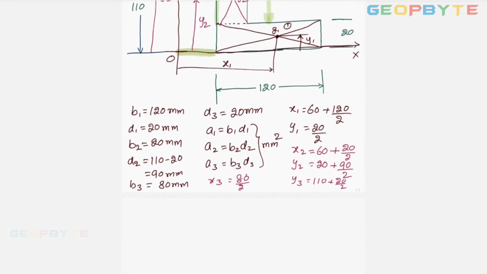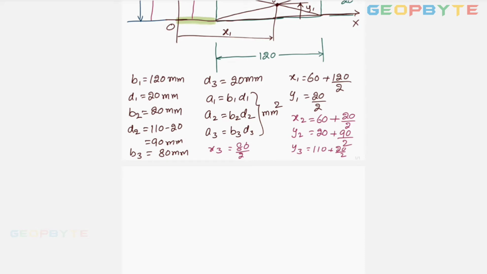Now you can find the x bar. x bar equals a1 x1 plus a2 x2 plus a3 x3 divided by a1 plus a2 plus a3. You are getting some value in mm.